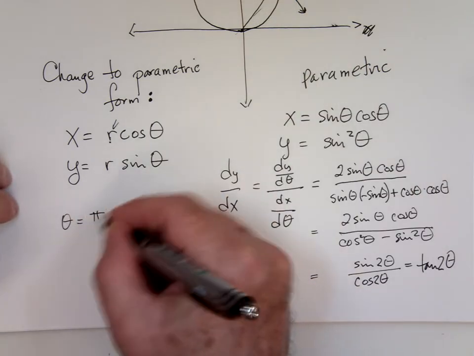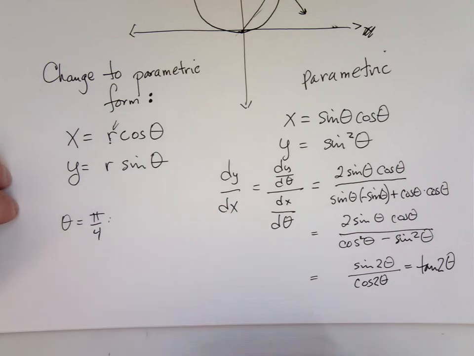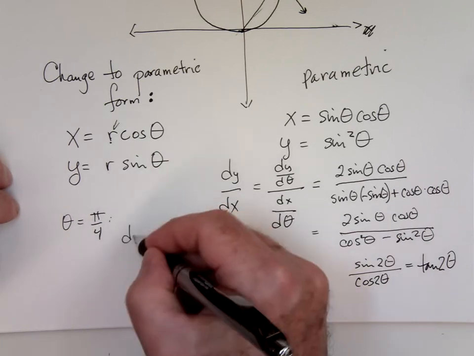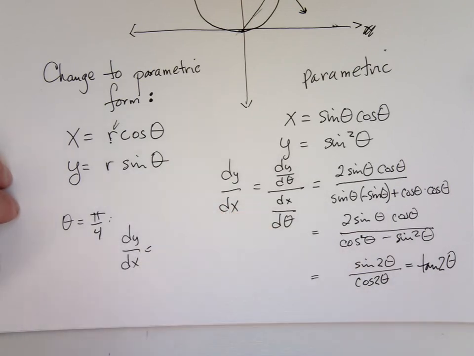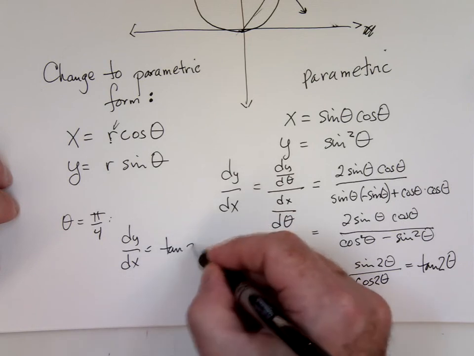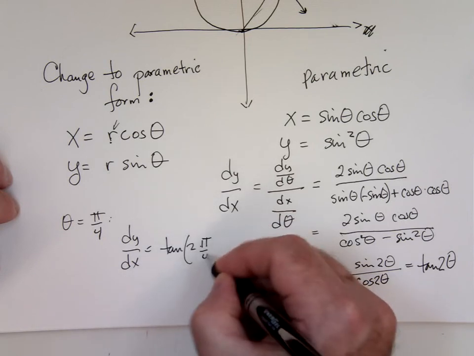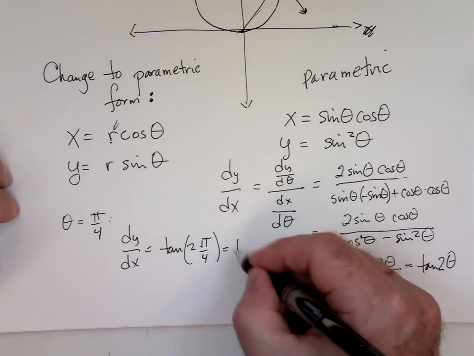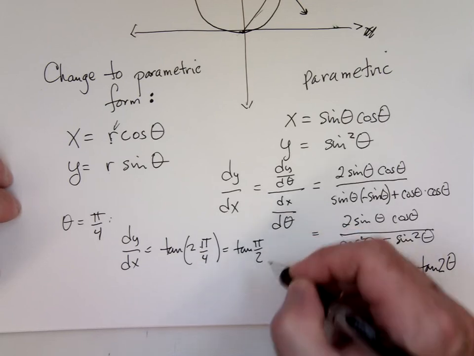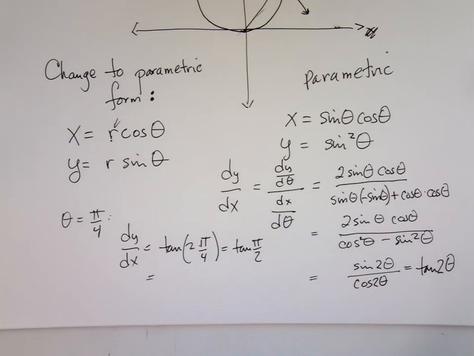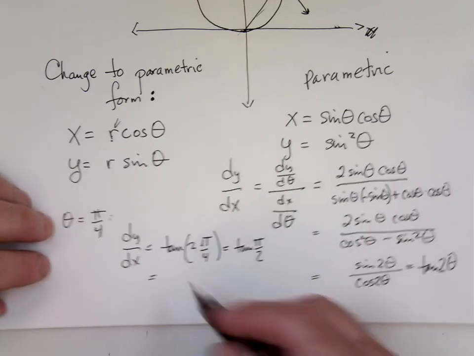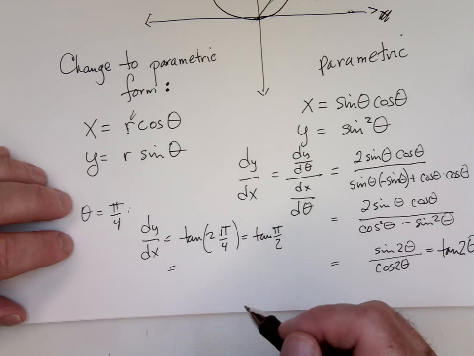That slope of the tangent line, dy/dx, that derivative is equal to the tangent of 2 times pi over 4, which is the tangent of pi over 2. What is it? Undefined.